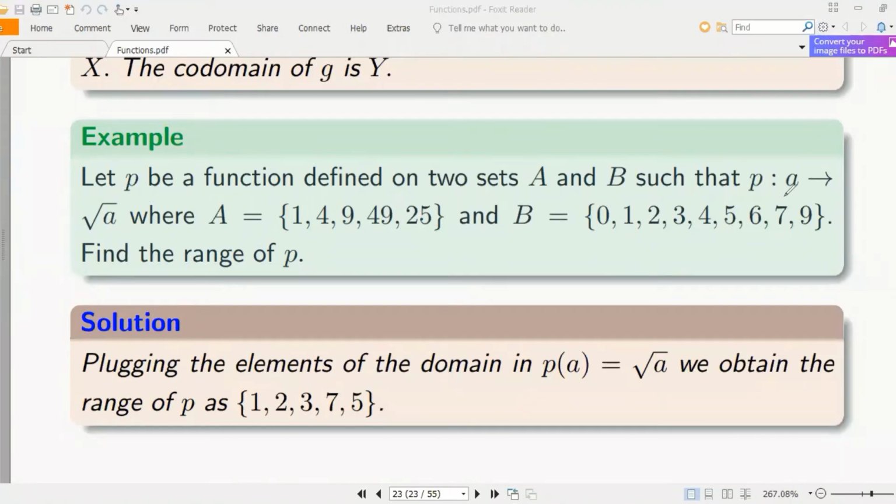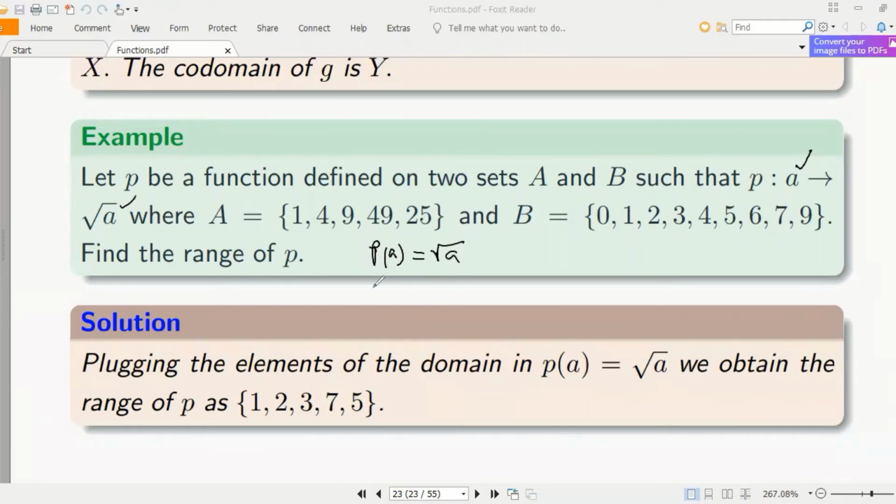And I'm assuming the definition here is that the object has its square root as the image.